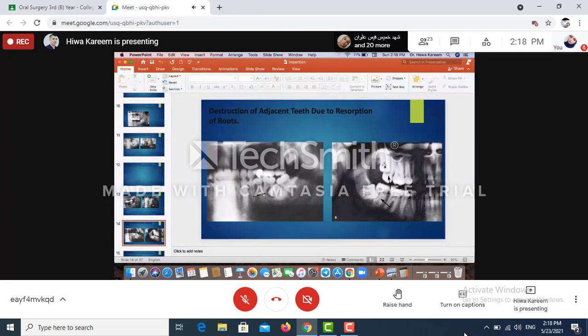And this is an upper impacted tooth leading to resorption of the root of the upper second molar. Sometimes an impacted tooth leads to resorption of the root of the adjacent teeth.